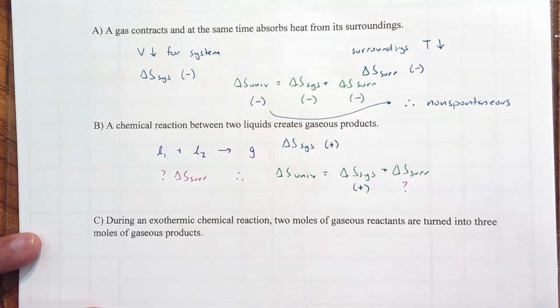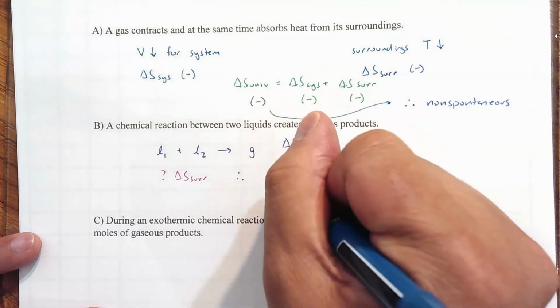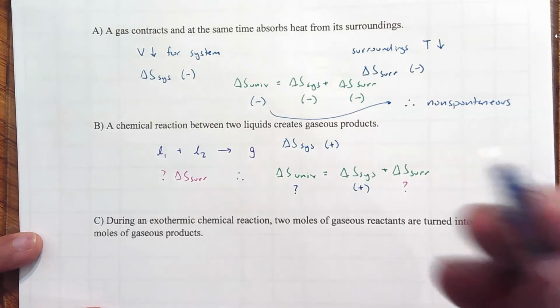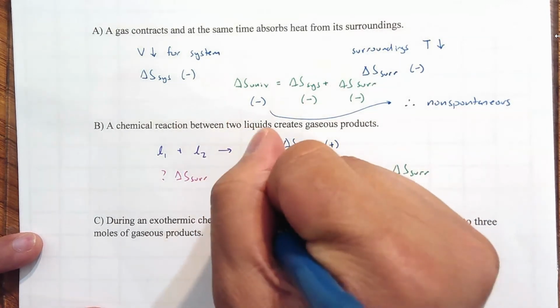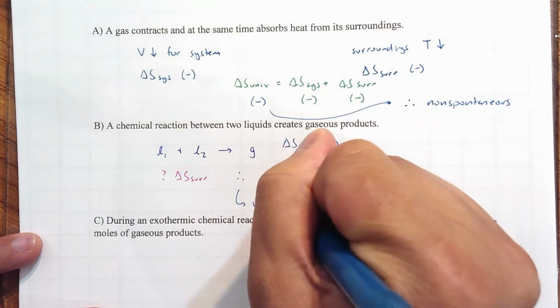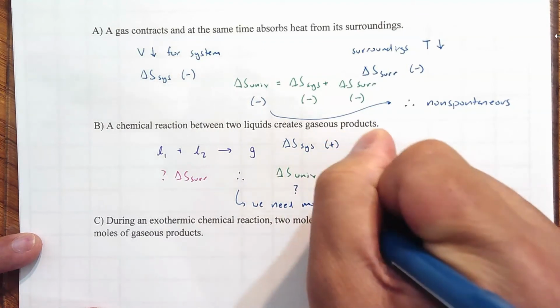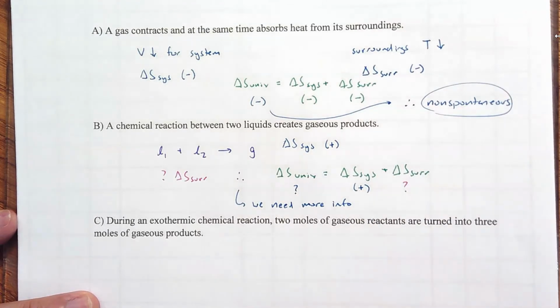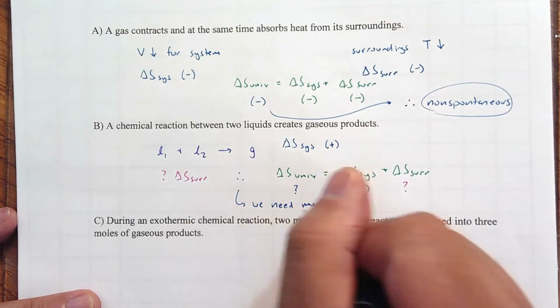We don't know if the delta S of the universe is positive or negative. Therefore, we need more info. So far we have non-spontaneous, and here we need more info.